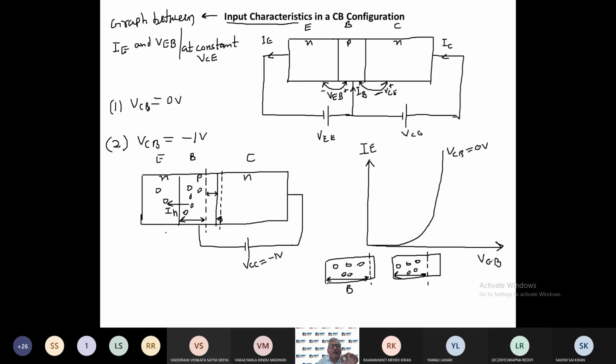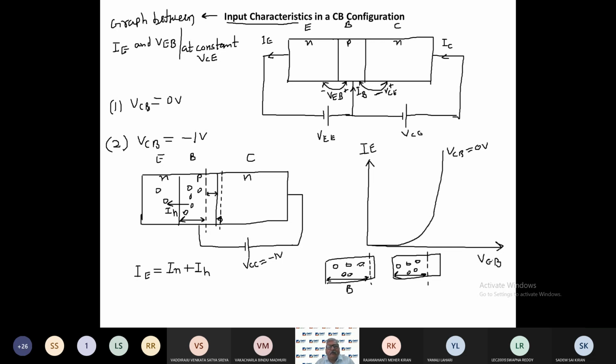So in a semiconductor, the emitter current is due to two components: one is due to the electrons, IN, and the other due to the holes, IH. In metal the current conduction is only due to electrons, but in a semiconductor the conduction is due to two components, one by the electron, one by the hole.